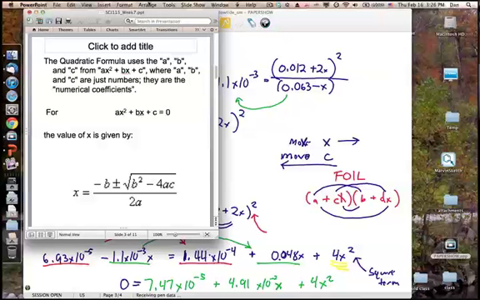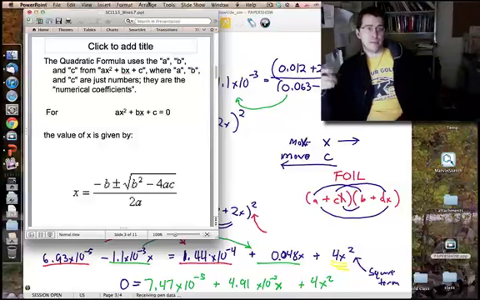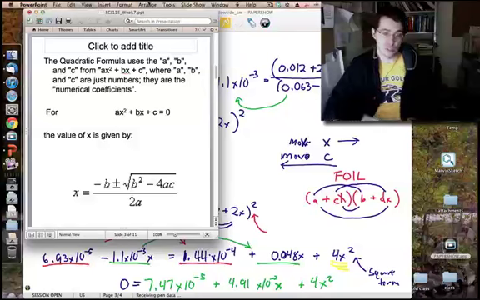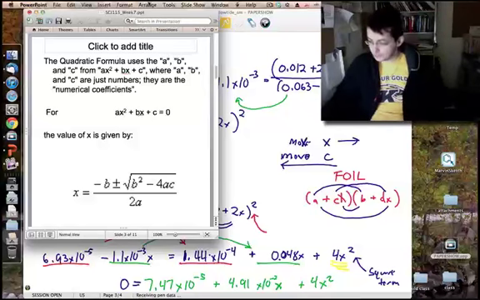I always wanted to say that. Anyways, once we have that, we can plug in and solve for x. Rearranging this equation into that form is one of the reasons we set it equal to 0.